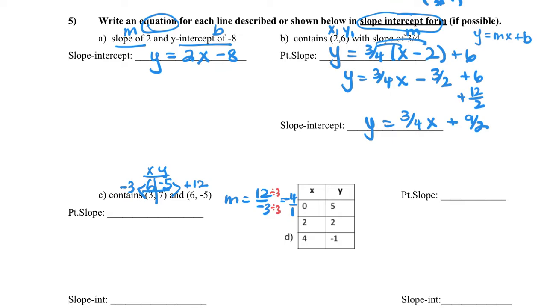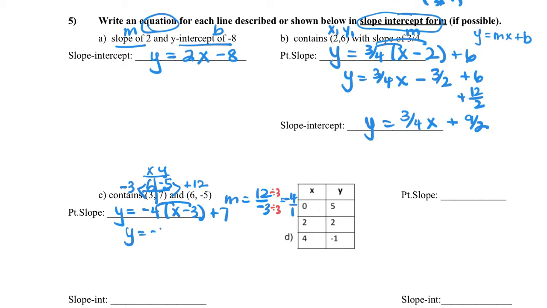So to write this in point slope form, it does not matter whether you use the 3, 7 or the 6, -5. I think I'll use the 3, 7 because they're both positive. So y equals -4, x minus 3 plus 7. And now to get this in slope intercept form, because that's how we're supposed to give all these answers, I have to distribute first.